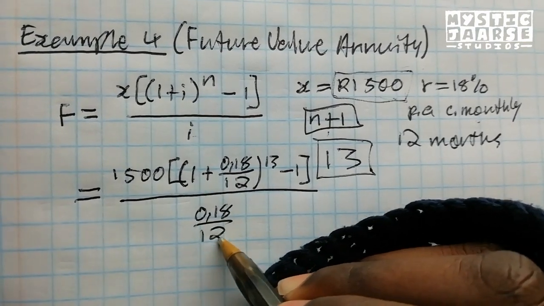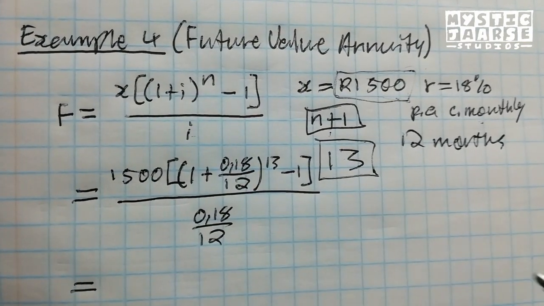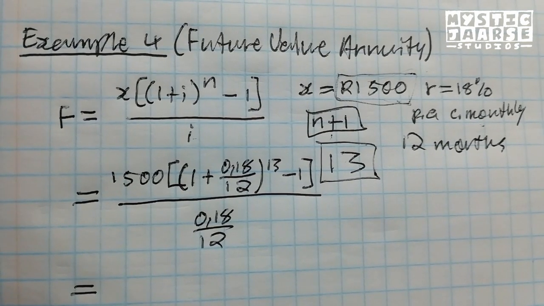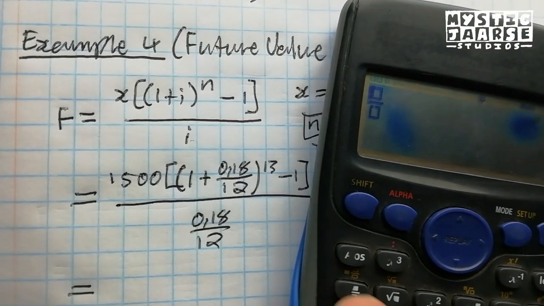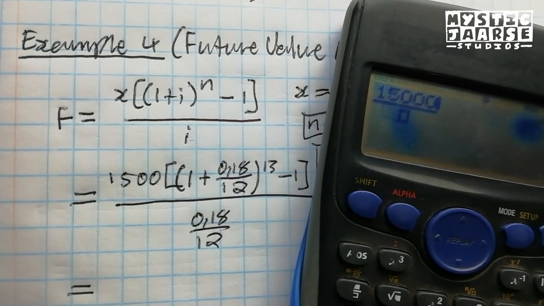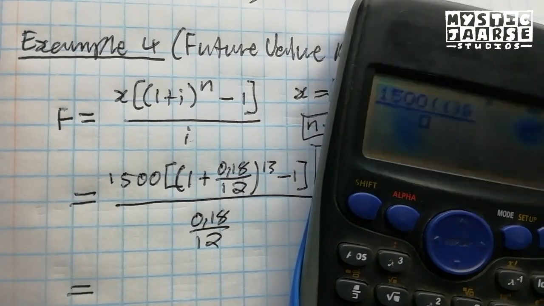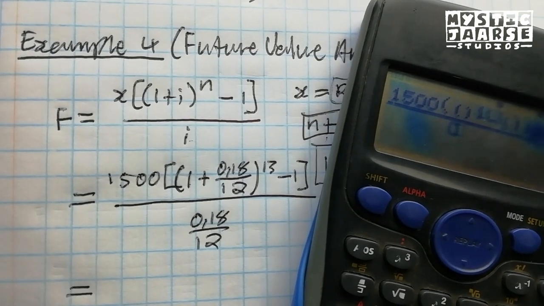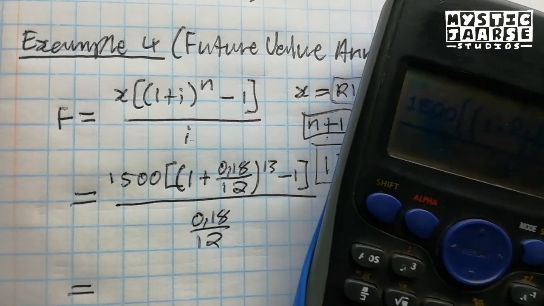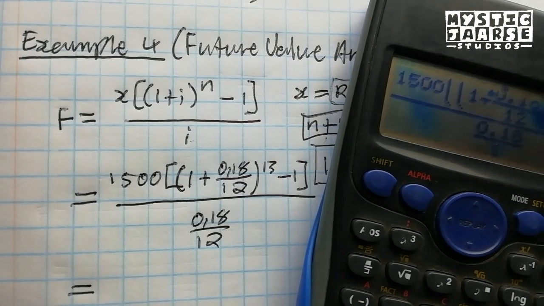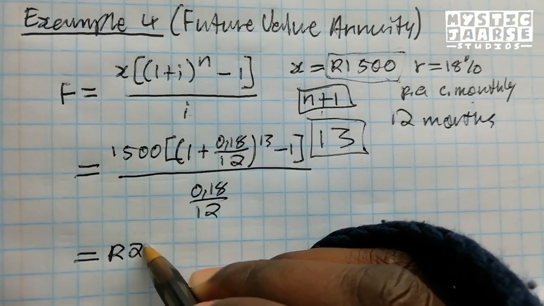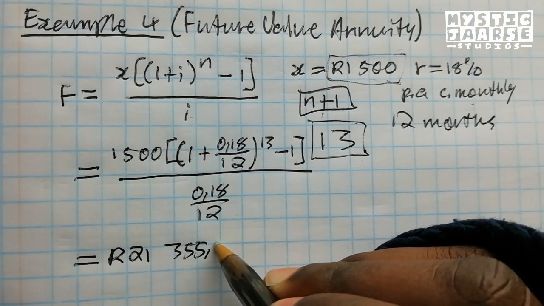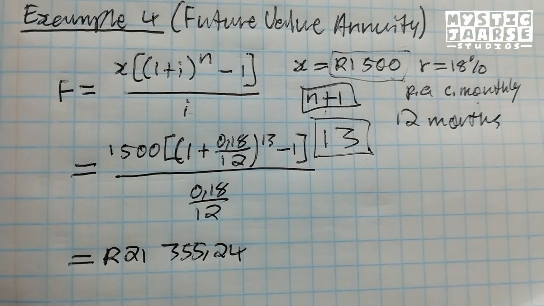0.18 divided by 12. Now again, this formula is big and it has a lot of values, so we need to be careful when we put it into our calculator. Fraction 1,500 rands into, again, minus 1, to the power of 13, all divided by 0.18 divided by 12. 21,355 rands 24 cents.